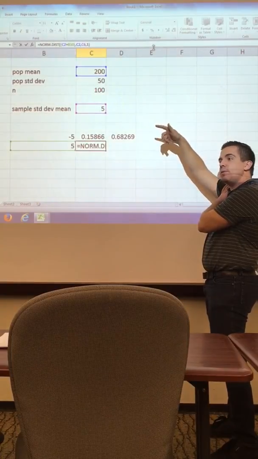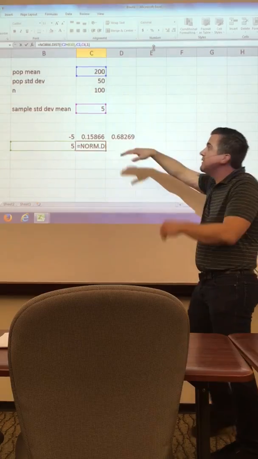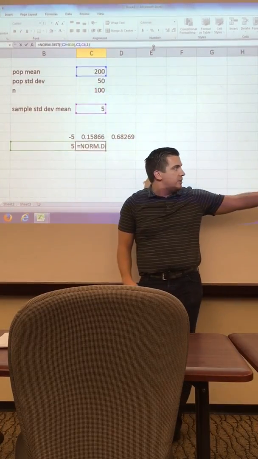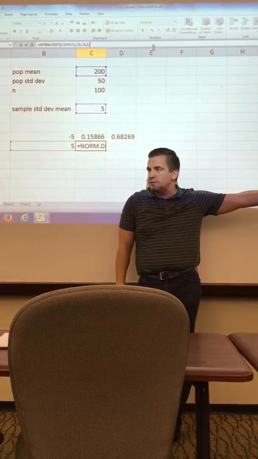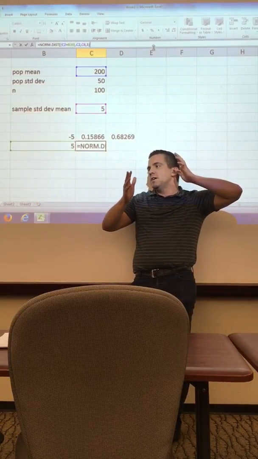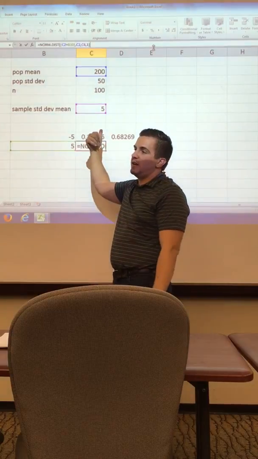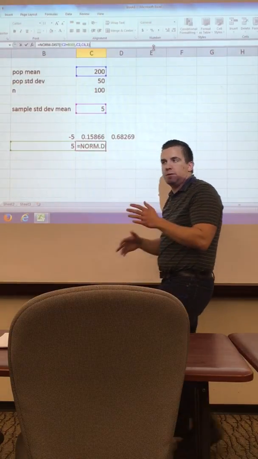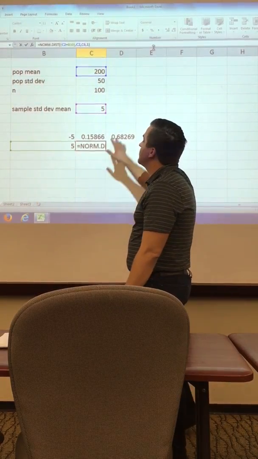Now you're going to take a sample to estimate the population mean, and when you're given those, you just calculate what your sample standard deviation is, and that's the standard deviation you use. Later, in future chapters, we'll start estimating the mean without knowing the true population standard deviation, and that's going to be a little different, and we'll use something called a T distribution instead of a Z distribution. But for now, this.